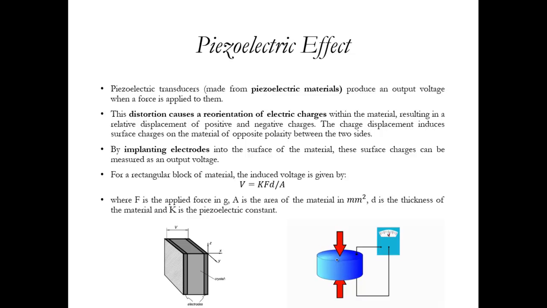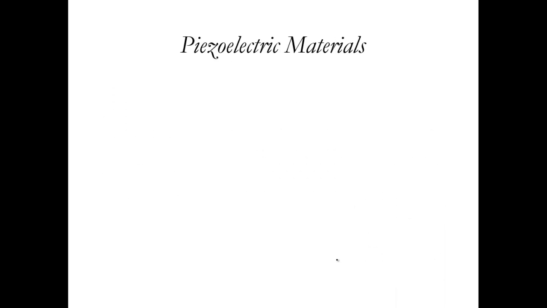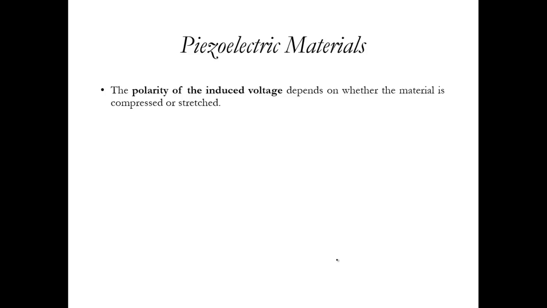But more than that, it's also dependent on the type of material, for which the piezoelectric constant would vary. So it will depend on the type of material, and on whether we are compressing or stretching the material. Accordingly, we will have the induced voltage on the surfaces of the piezoelectric material.